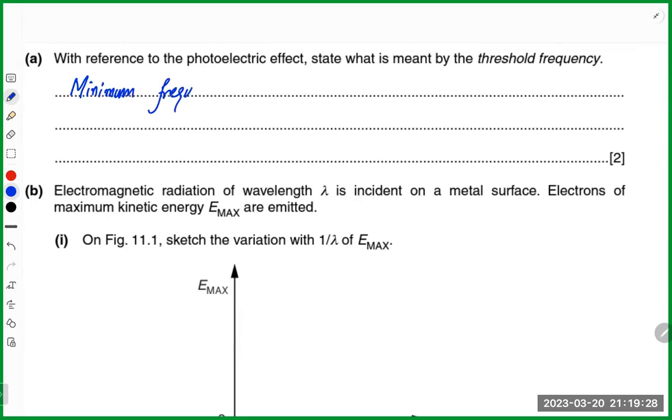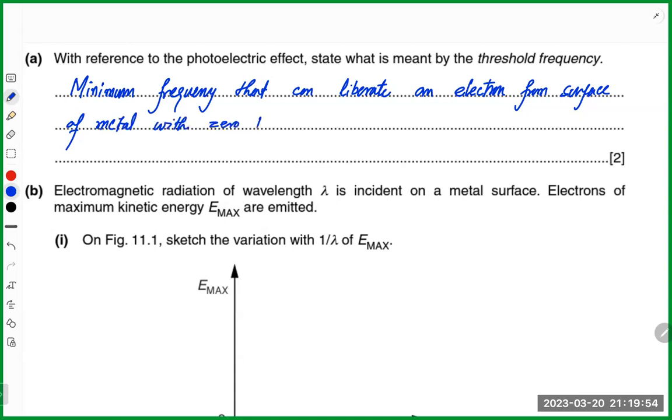Minimum frequency that can liberate an electron from surface of metal with zero kinetic energy is called threshold frequency. Okay, this is straightforward definition. We just discussed this.